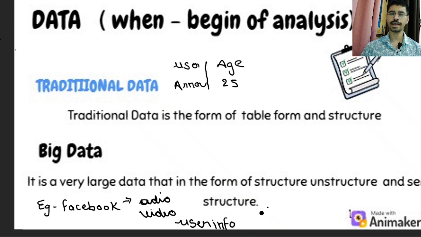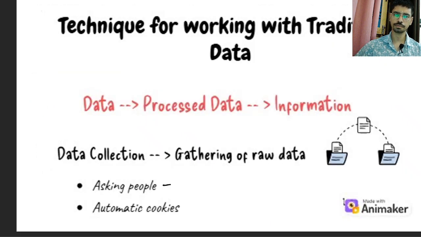Now let's move further and understand the various techniques we use with traditional data. First, we have data, so we gather raw data. We collect it, which we call data collection, by gathering raw data. We can collect it by asking people, that is a survey, and after that through automatic cookies, like when we visit a website.